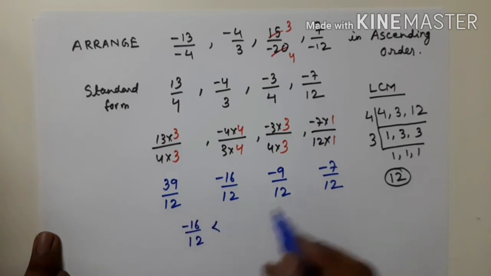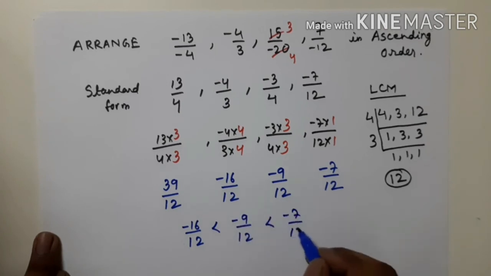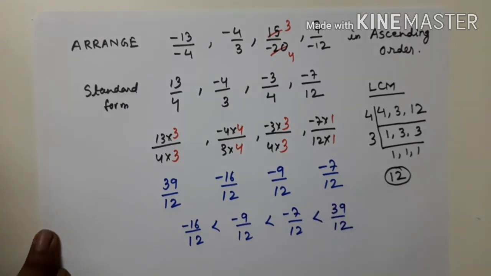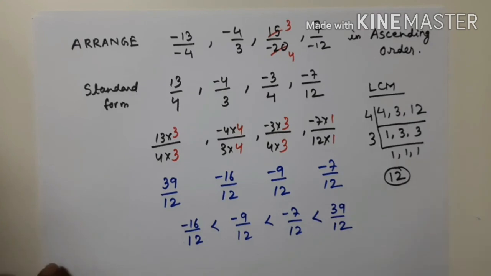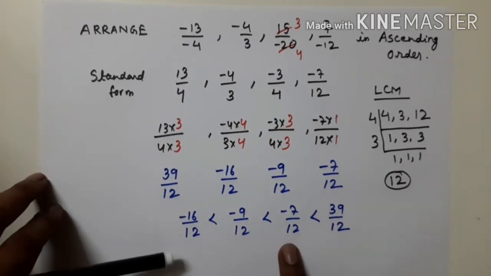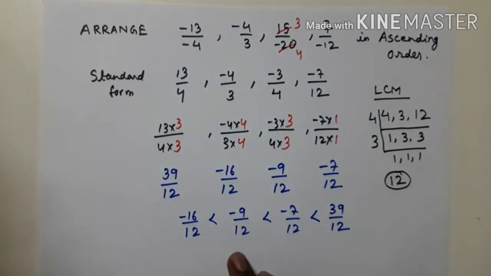After that we have minus 9 by 12. After that we have minus 7 by 12, and at the last we can write 39 by 12. As you know, it is a positive one, so it will always be greater. Next. But this is not in the question, our question is different, so you have to just write them back.